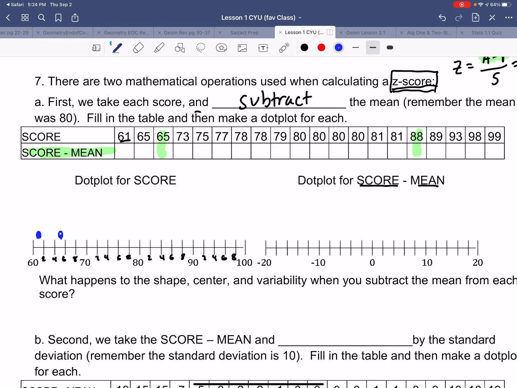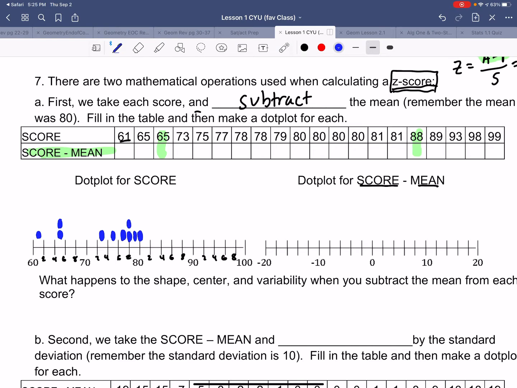65 would be in between 4 and 6. 65 again would be 4 and 6. 63 is between 2 and 4. 65 between 4 and 6. 67 between 6 and 8. Excuse me, 77. 78 is on the 8 here. 79 between 78 and 80.